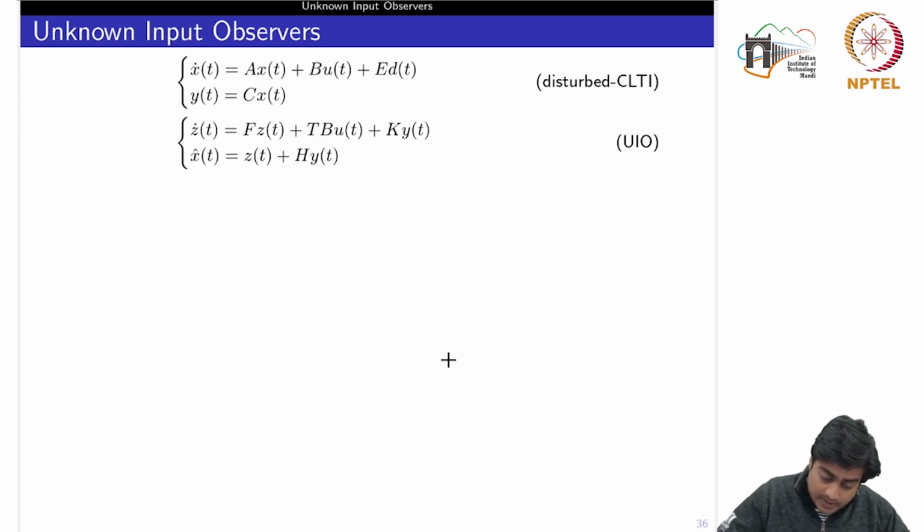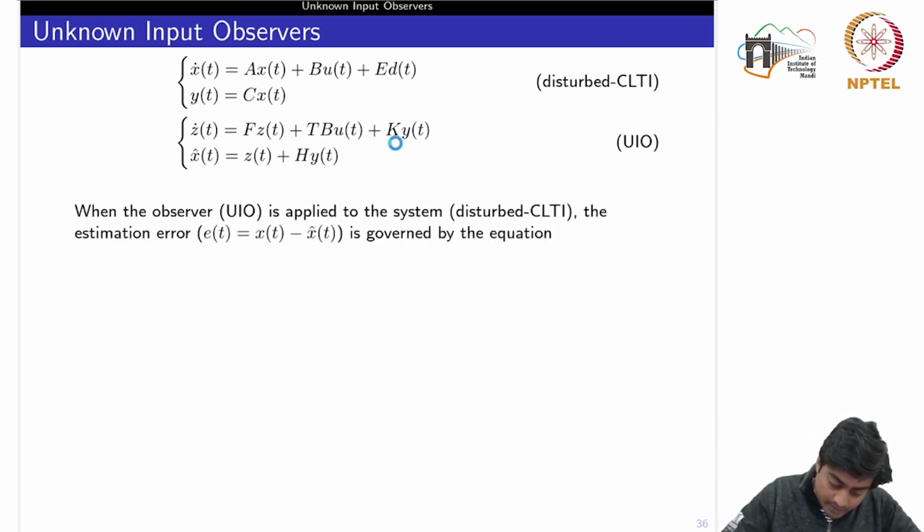So let's see how we can compute the matrices F, T, K and H. This was the LTI plant, and this is the observer we have proposed. In a similar way, we can see whether the state estimation error actually becomes equal to 0. In the earlier observer design, we defined the estimation error as the difference between the actual state and the estimated state.